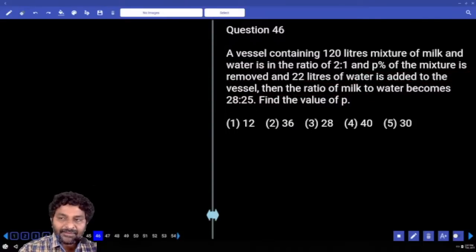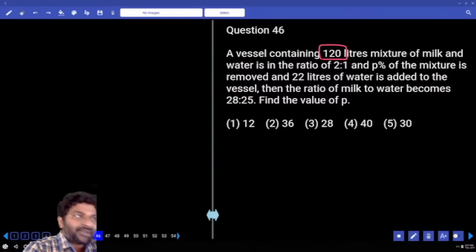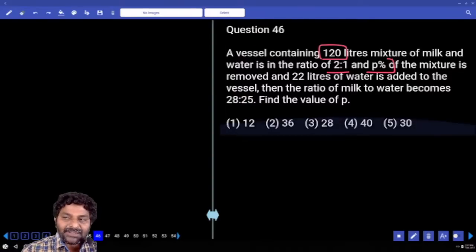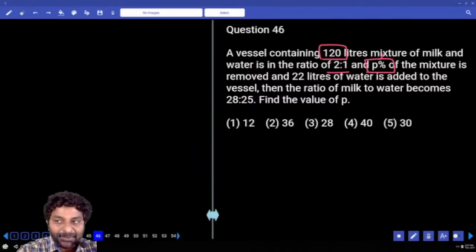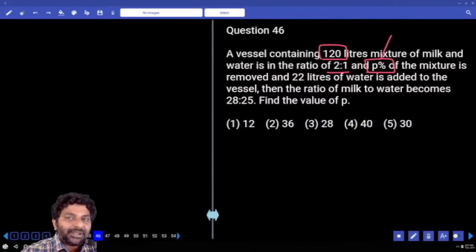Okay, right. Forget about this 120. Some P percentage of the quantity is removed. In this P percentage, milk and water also will be in the ratio 2:1. And remaining container also will have milk and water 2:1.